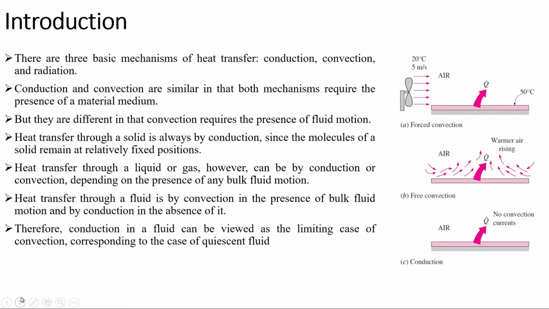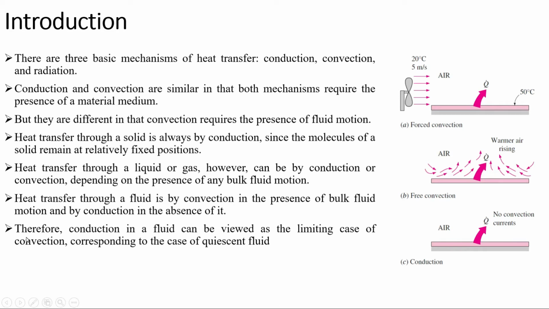So heat transfer occurs from a solid to the fluid due to bulk fluid motion. Whenever there is a bulk fluid motion and a temperature gradient exists, the heat transfer mode will be convection. So in a fluid, conduction may be viewed as a limiting case of convection.